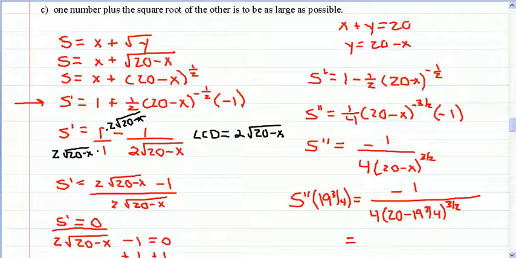So 20 minus 19 3/4 is a positive number. When I raise that to the 3/2, it's also positive.